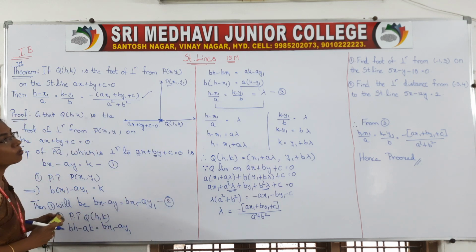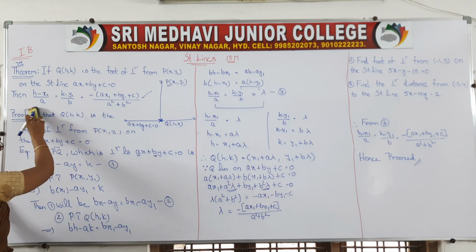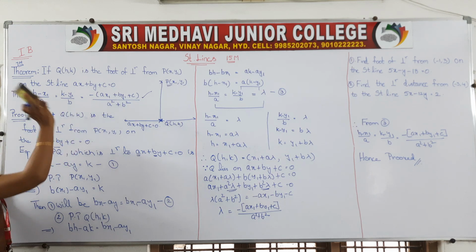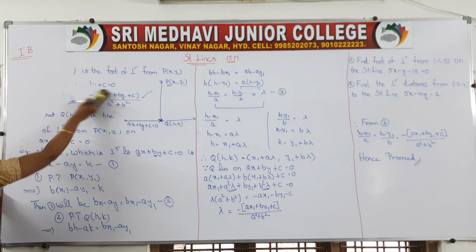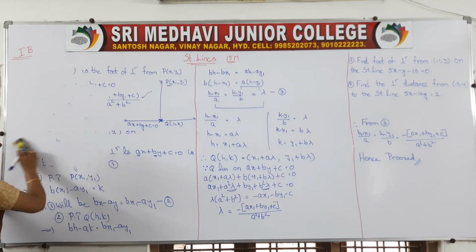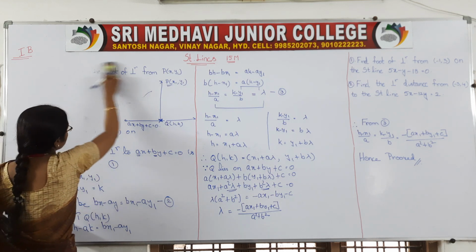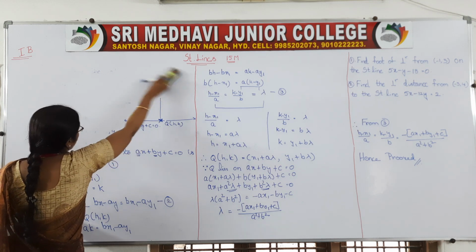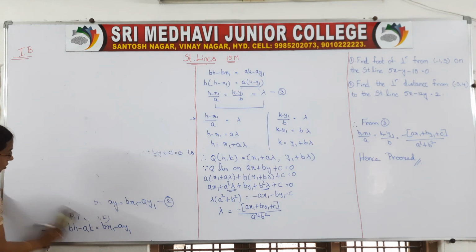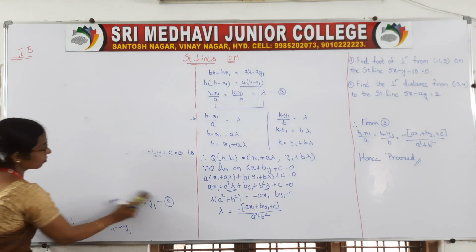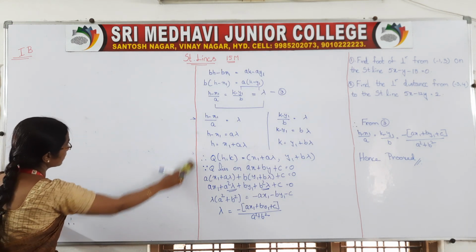Now we will do one problem based on this concept. Okay, so come on, 2 marks questions we will do. When the foot of the perpendicular and the point and line are given to you. So come to the first 2 marks question based on this theorem.